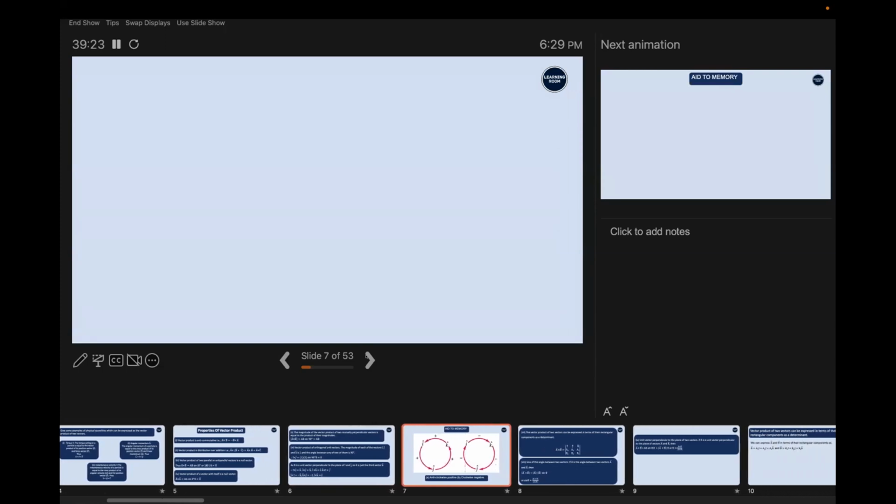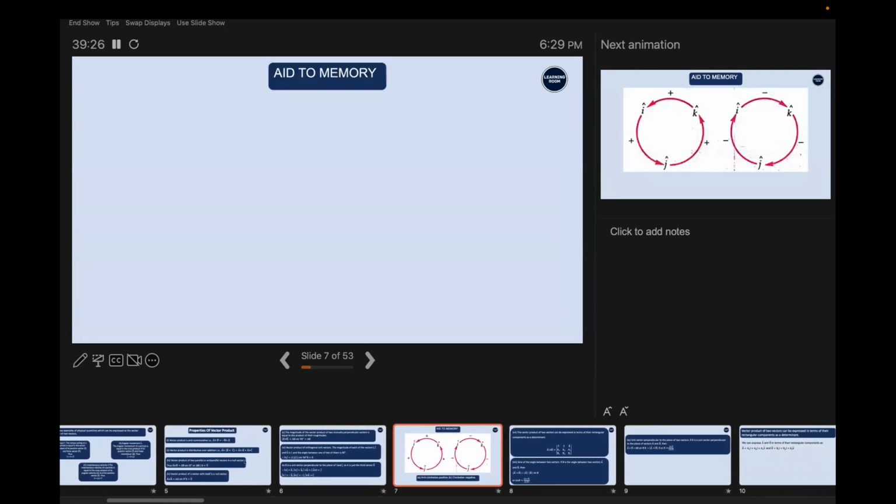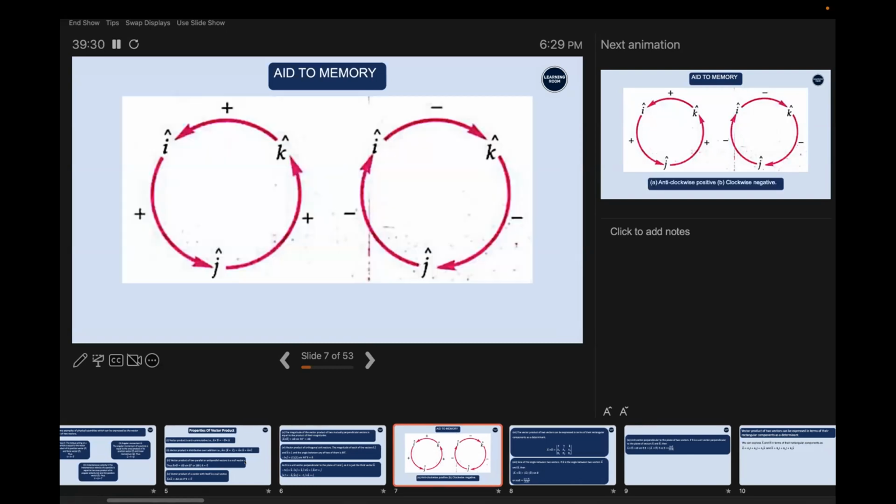So the concept is how to remember this. It is simple. What you need to do is write i, j, k in the anti-clockwise direction.